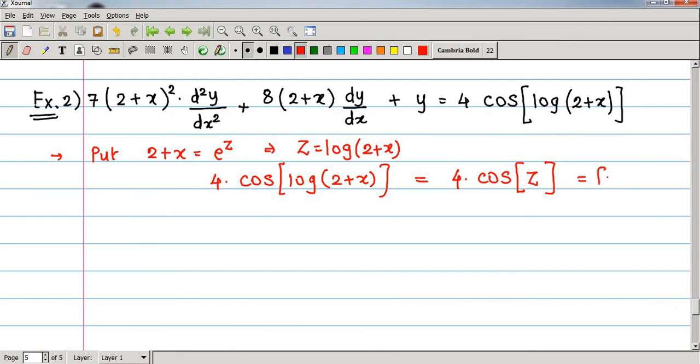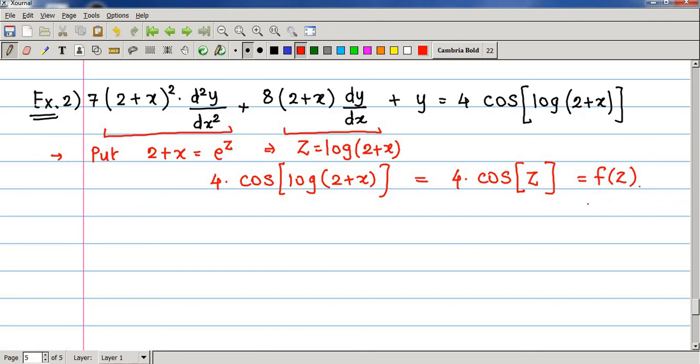So this is your required function in terms of z. Now the main task is to find the replacement for these variable coefficients so that you convert it into a linear differential equation with constant coefficients. The right hand side will be this function in terms of z. Find the complementary function and particular integral.